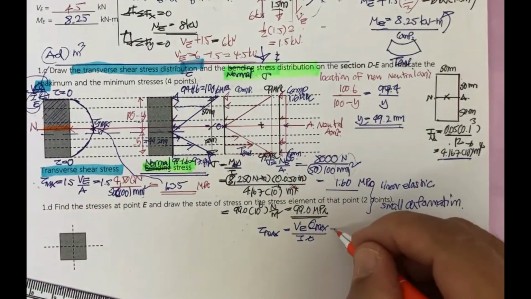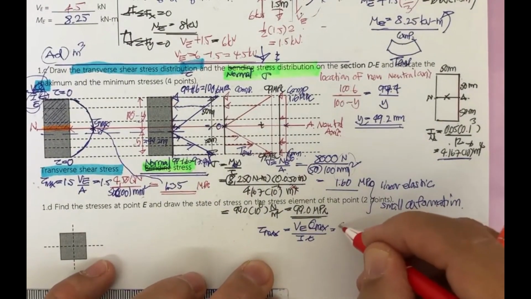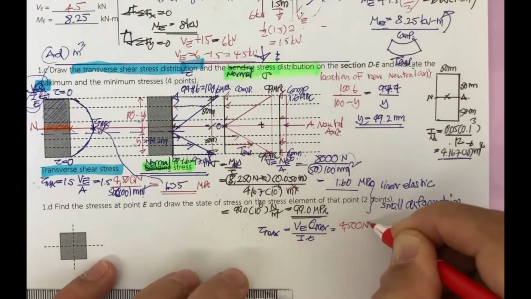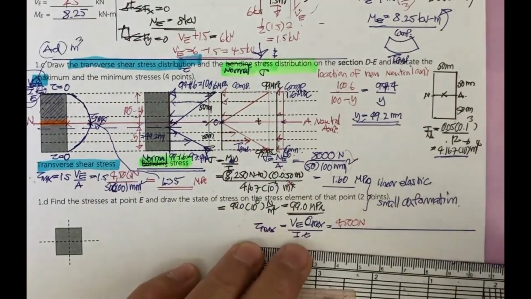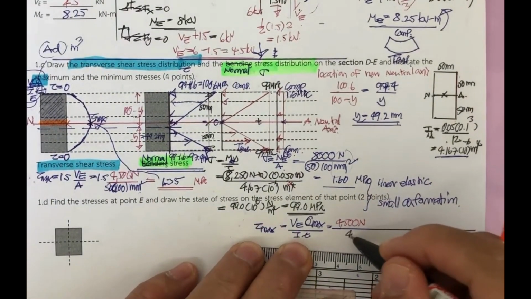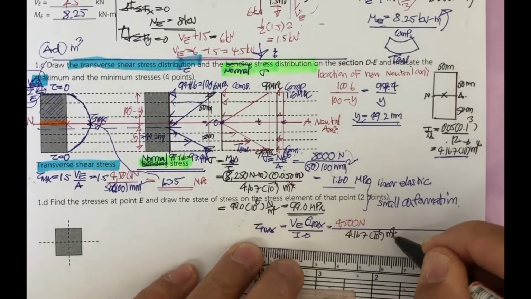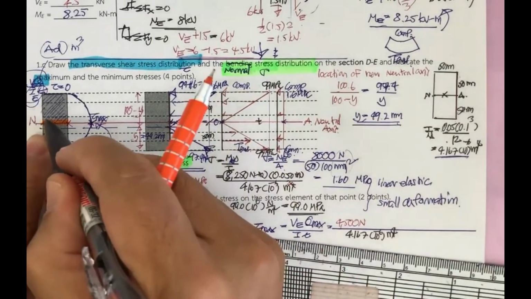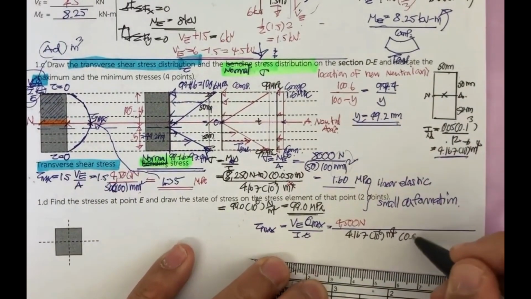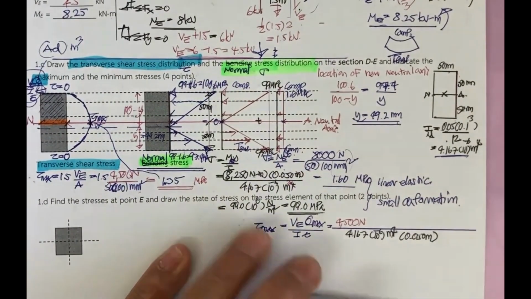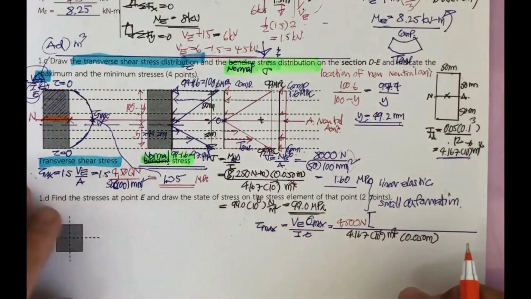That means we put 4,500 Newton, that is going to be V sub E, and divided by I, which is 4.167 times 10 to the minus 6 meter to the power 4. The width is this one, that is going to be 50 millimeter, so put this as 0.05 meter.